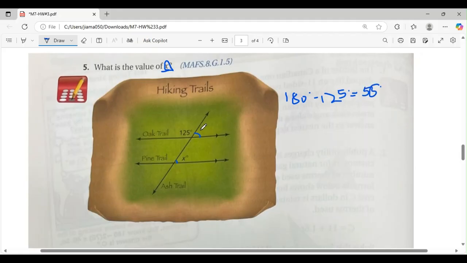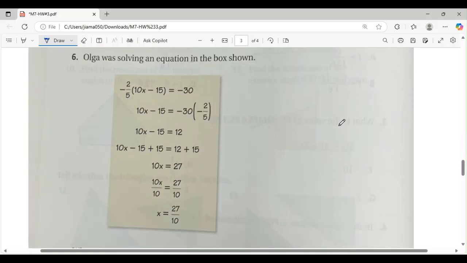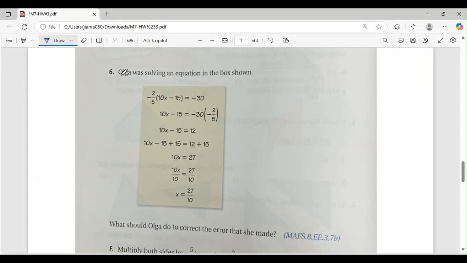So this is 55 degrees, which means this angle and angle x are the corresponding angles, which means they have the same angle measure. Okay, so x degrees equals 55 degrees.